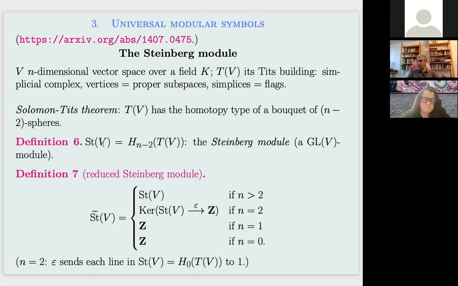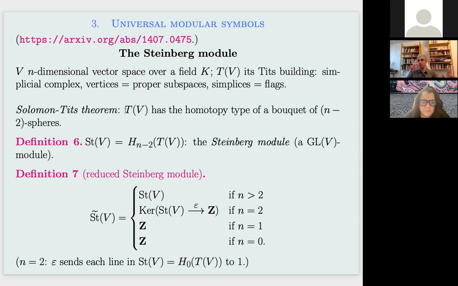And then the reduced Steinberg module is defined like this. If n is bigger than 2, this is just the Steinberg module. If n equals 0 or 1, it's Z. And if n equals 2, then you see n-2 is 0, and there's an augmentation of Steinberg of V to Z, and this is the kernel of this augmentation map. For n equals 2, the Tits building is very easy to understand.